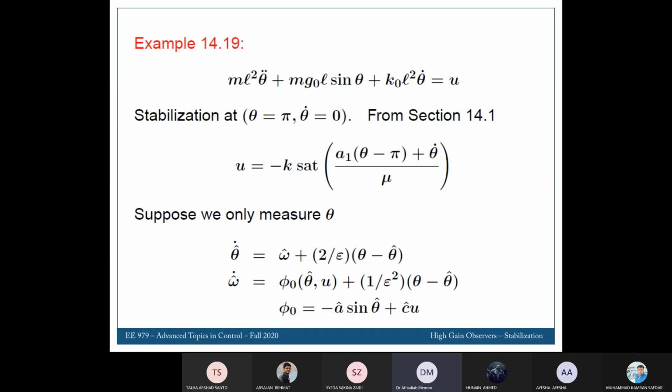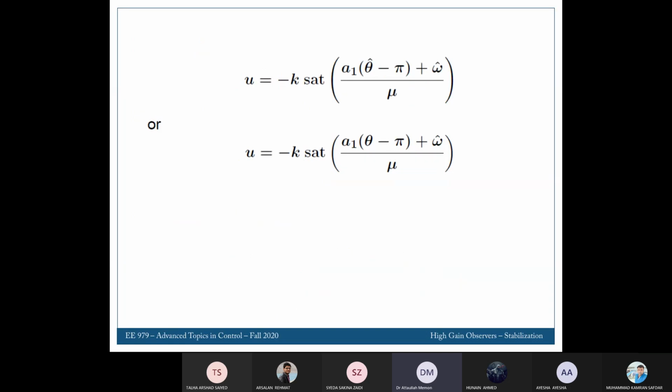So if you design a nonlinear sliding mode robust controller as a state feedback and you employ a Huygens observer, you are ensuring that the performance of the sliding mode controller, which is robustness, is still achieved using an observer.